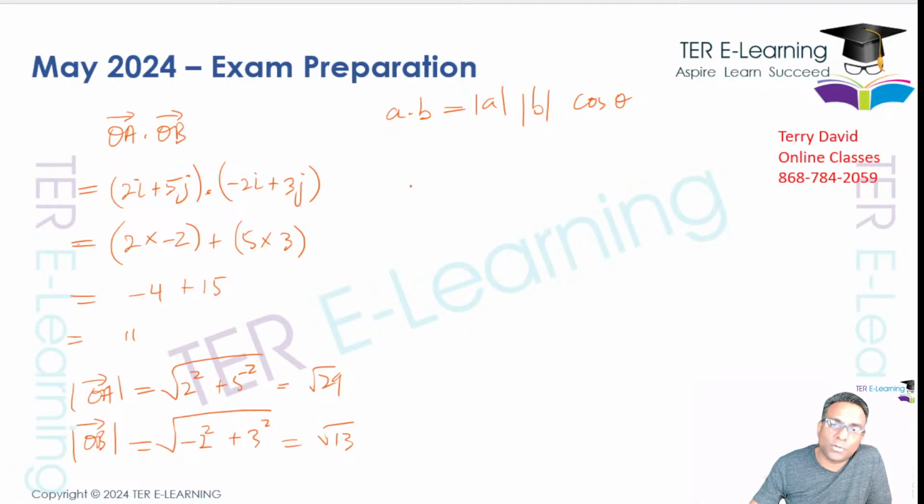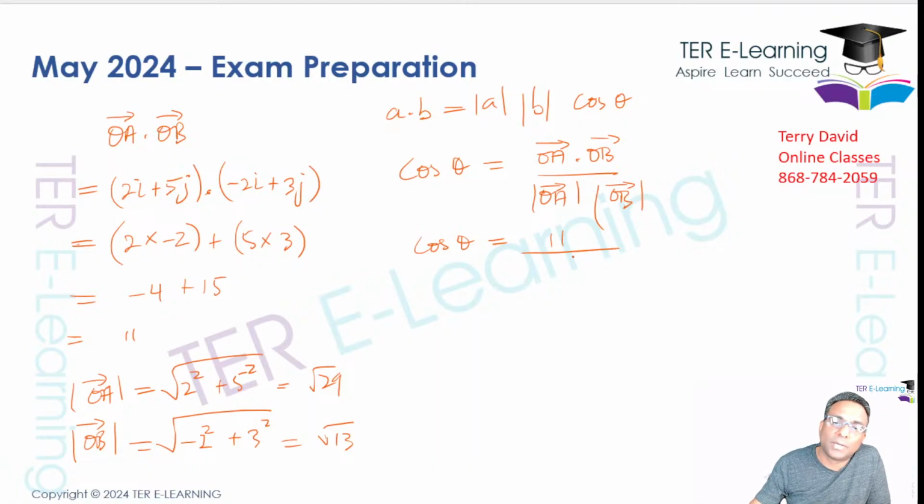So cosine theta, the cosine of the angle that we want to find, is simply the dot product, in this case OA dot OB, all over the magnitude of OA multiplied by the magnitude of OB. So therefore cosine theta is equal to 11 all over root 29 by root 13.